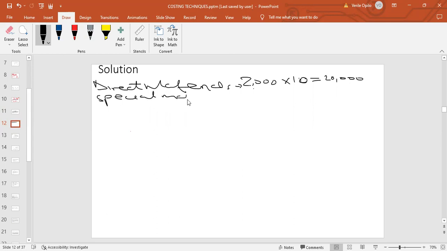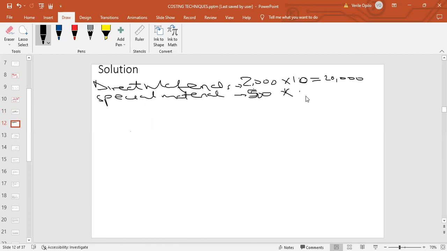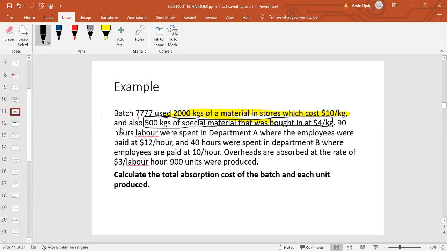We had 500 kgs of them, and each was bought in at, let me reconfirm, $4 per kg. So 500 kgs multiplied by $4 per kg gives us $2,000. Then we have finished with the direct materials and the special component. We go to the labor.